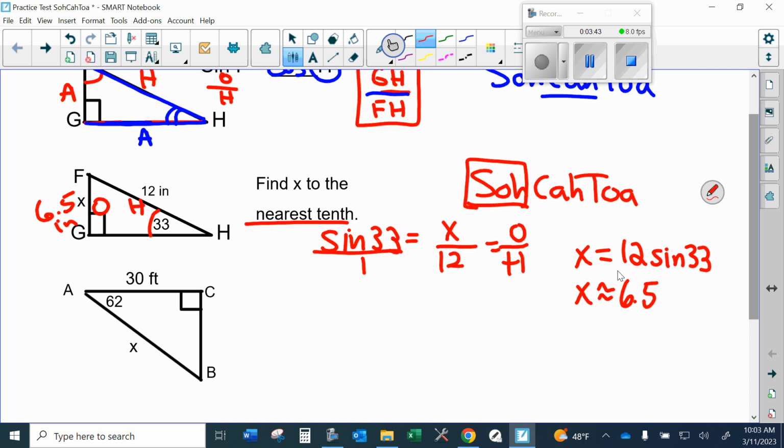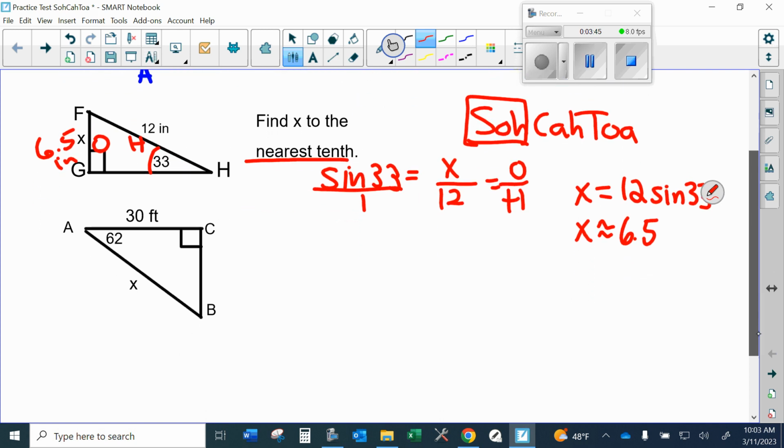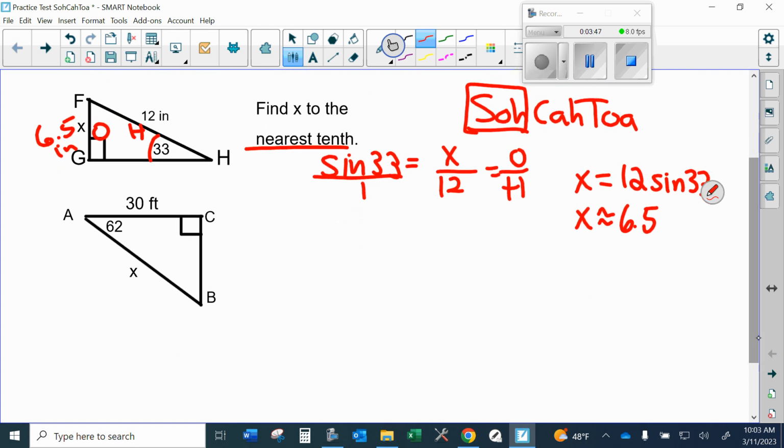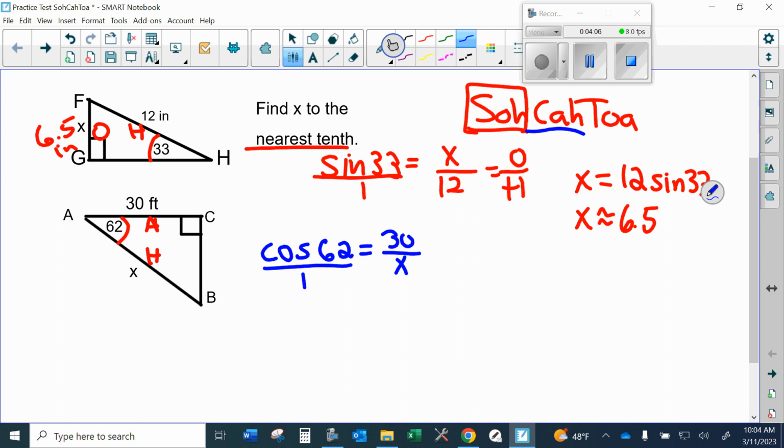Right. Next one. Notice it's the same type again. We're given reference angle 62. This is the A, and here's my H. So in SOHCAHTOA, that is cosine. So I have cosine of 62 equals 30 over x. Cross multiply, I get x cosine 62 equals 30.